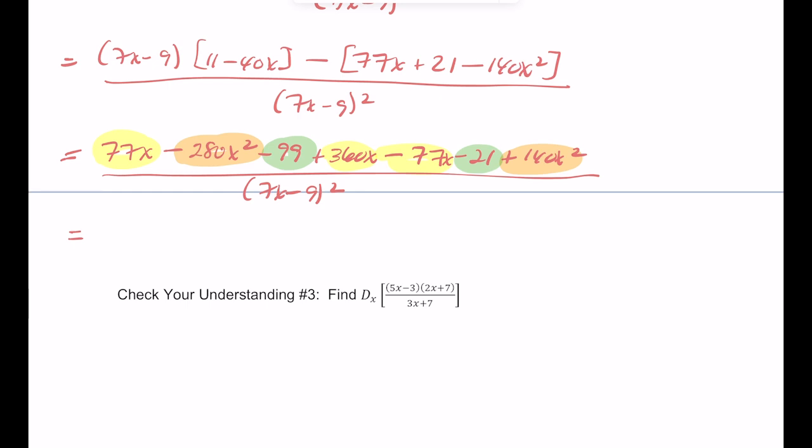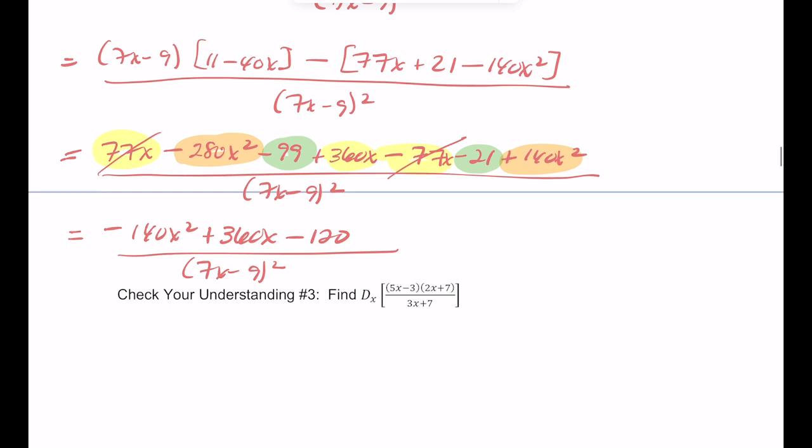Okay, so the 77s are just going to cancel out. If I take negative 280x squared plus 140x squared, I get negative 140x squared. And then I'm left with the plus 360x. And negative 99 minus 21 is negative 120. And then that's all over 7x minus 9 squared.